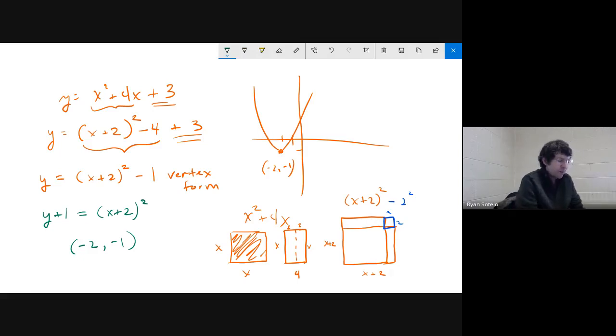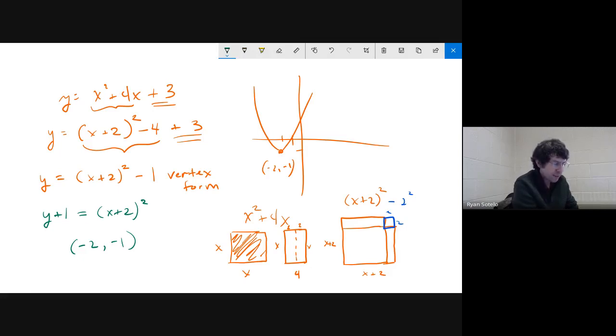So if I saw x squared plus 4x plus 3, I wouldn't know where to draw the vertex. I wouldn't know where exactly this parabola starts. But if we do this complete the square method, we get it in what's called vertex form, and then it's very easy to see where the point of symmetry is.